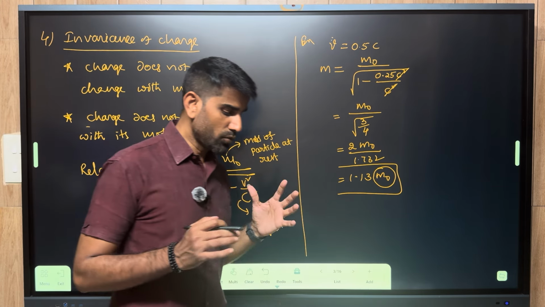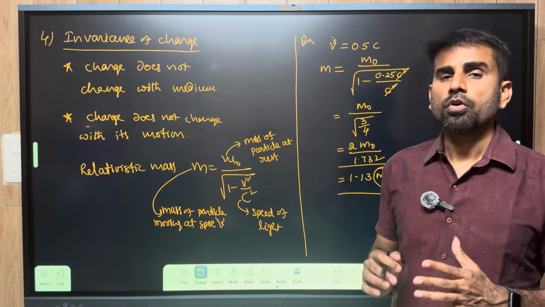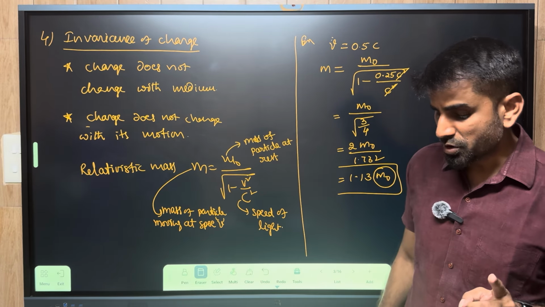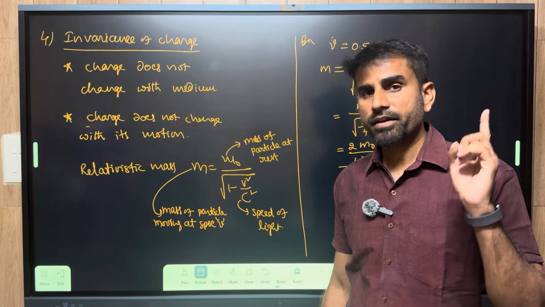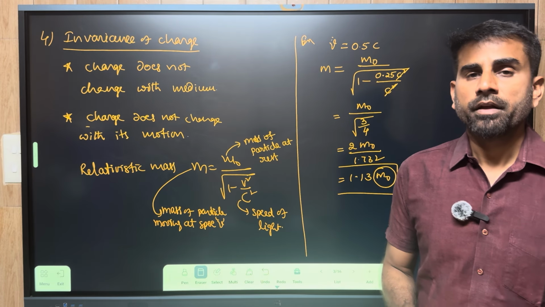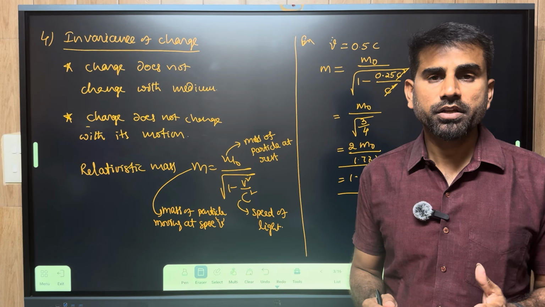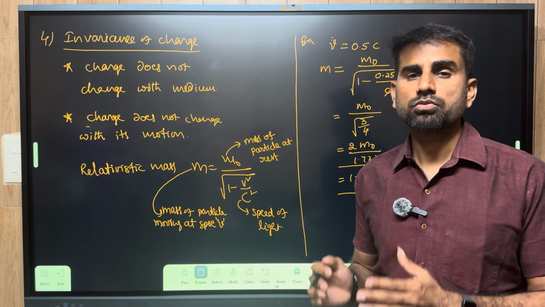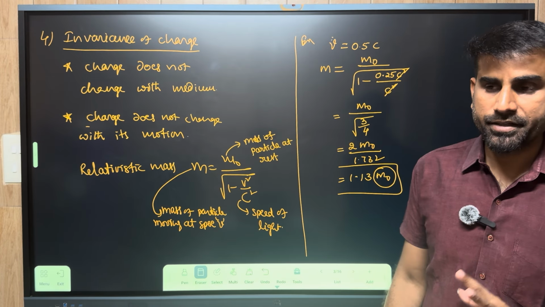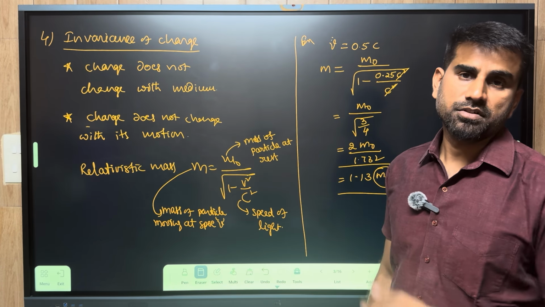These are the 4 important properties of charge we need to understand before we get into the applications. The first property is that charges are interactive: like charges repel each other, unlike charges attract each other. The second property is quantization of charge. The charge of any body is equal to integer multiples of the smallest unit of charge, which is q is equal to ne. The third property is conservation of charge.